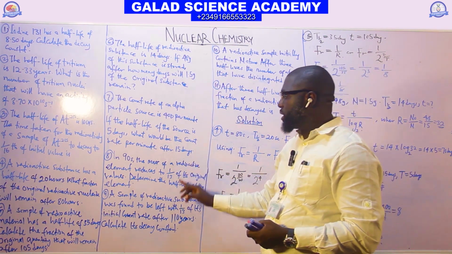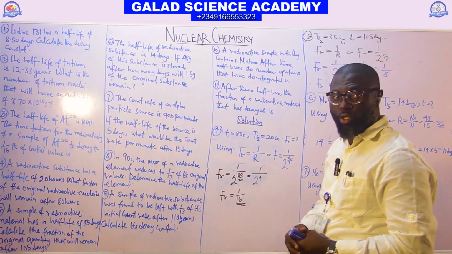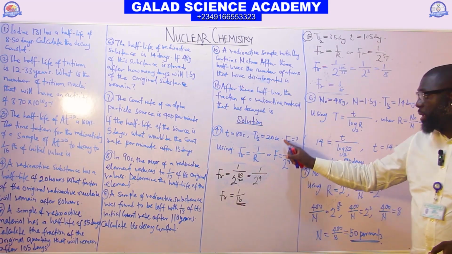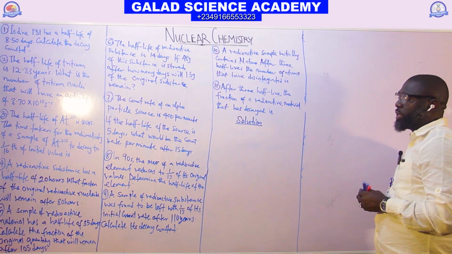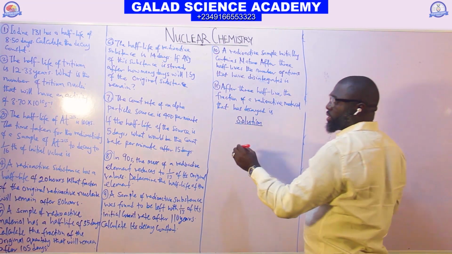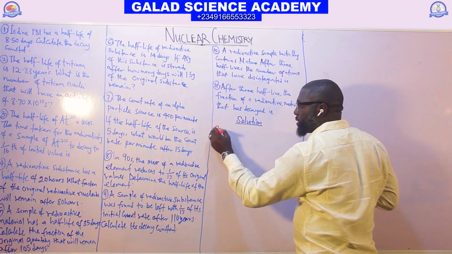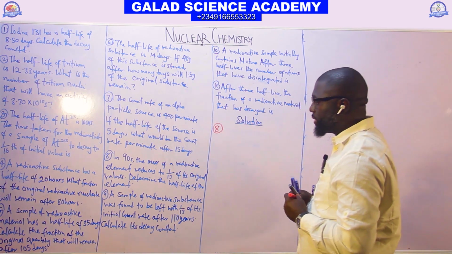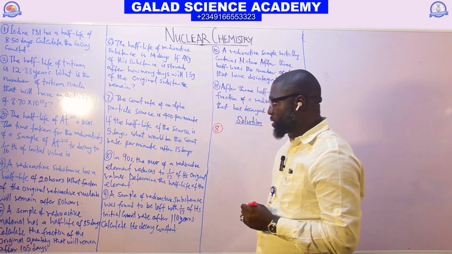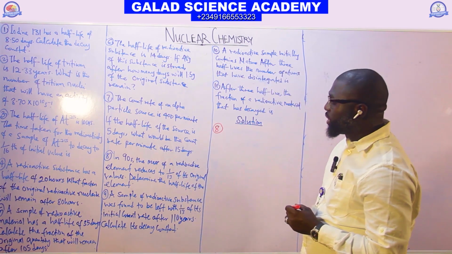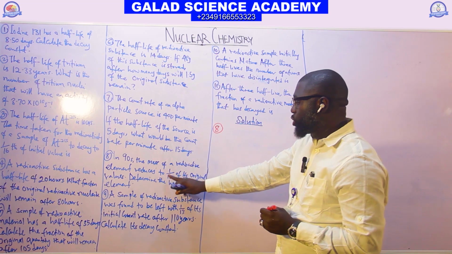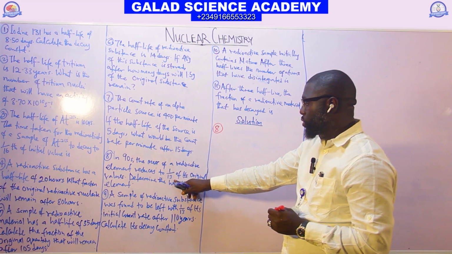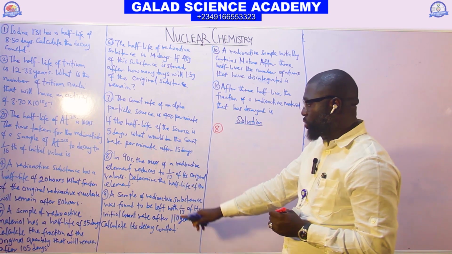Just try to familiarize yourself with how to use all these short formulas. So it's remaining 4 questions. Let me wrap it up and solve it. So let's solve question number 8. In 90 seconds, the mass of a radioactive element reduced to 1 over 13 of its original value.